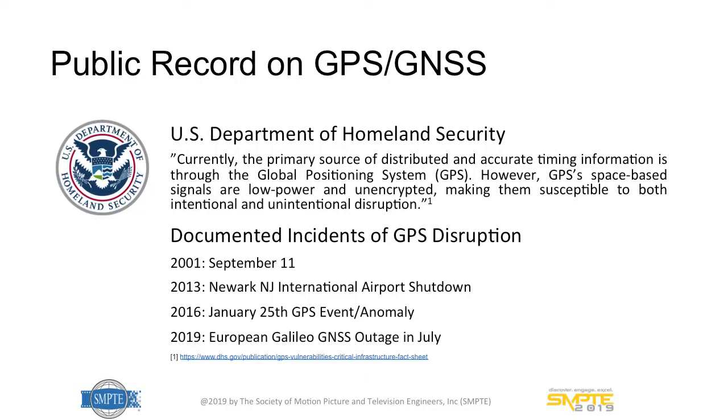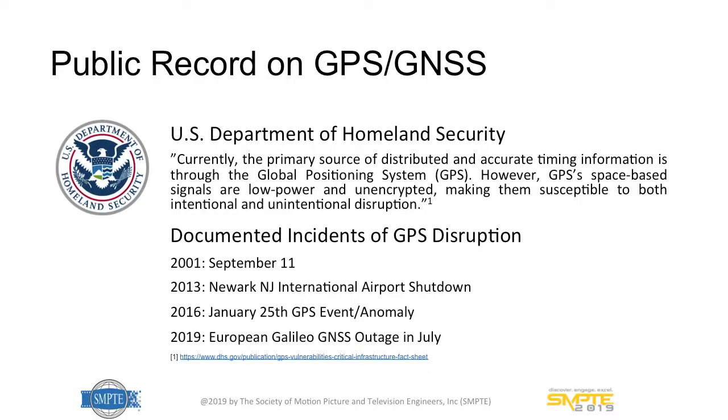Now, the trouble with GPS, and this is just one example of many to scare you. The US Department of Homeland Security has concluded that we are very dependent on GPS. And there are a number of incidents, for instance, a 2013 event that shut down or partly shut down the Newark airport because somebody wanted to jam the tracking system of the truck as he was driving home to eat lunch at home.